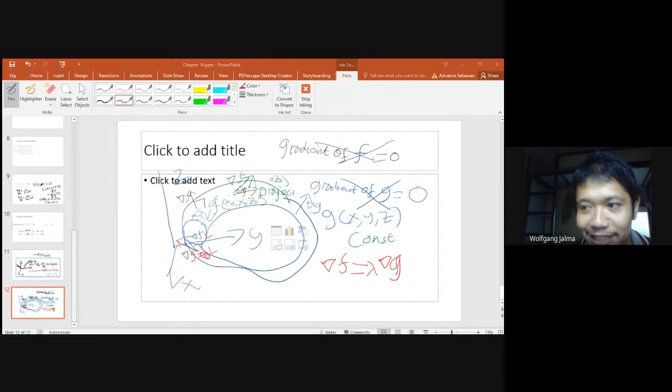So the story is about how to find the point when the gradient f is also normal to the constraint, when the gradient f is the same direction as the gradient g. So yes, that's why it is an extreme value. Exactly.